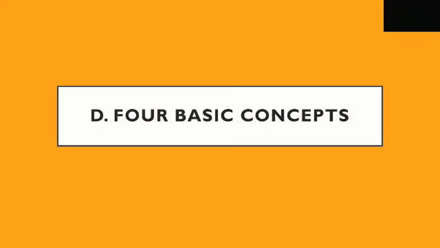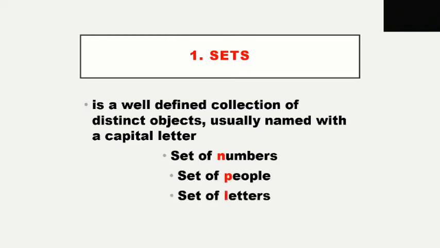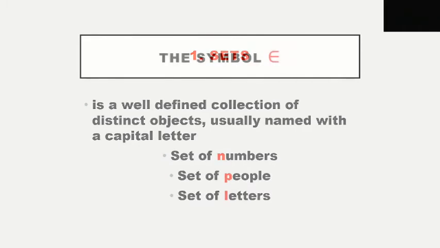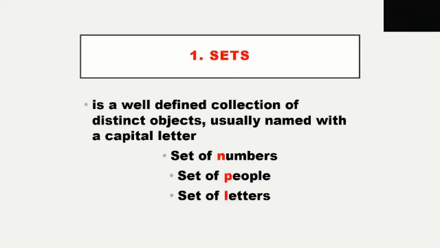The four basic concepts. Number one is sets. A set is a well-defined collection of distinct objects, usually named with a capital letter. This can be used for a set of numbers, a set of people, a set of letters, and so on.